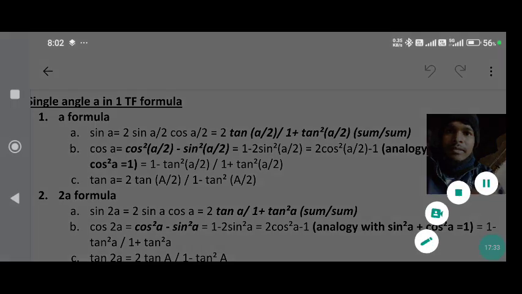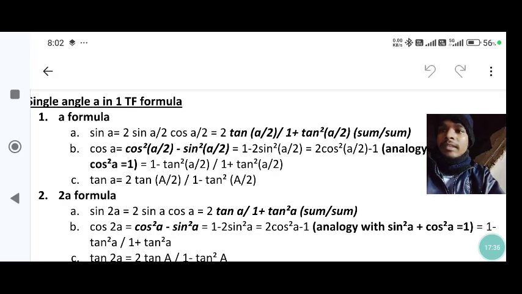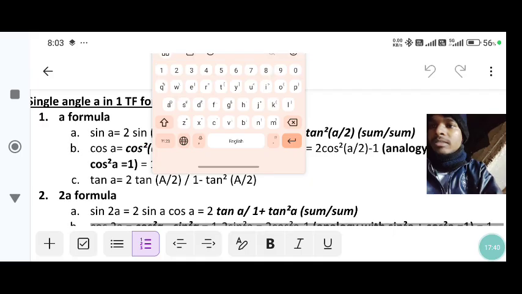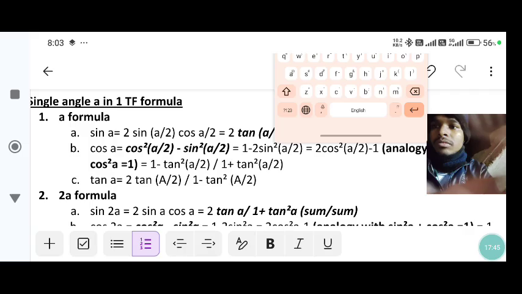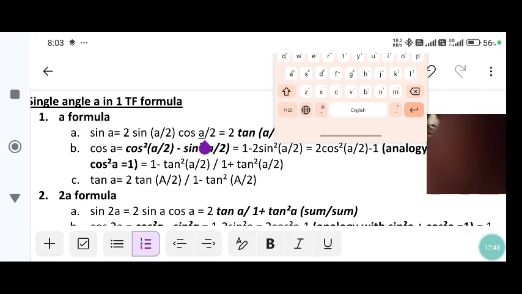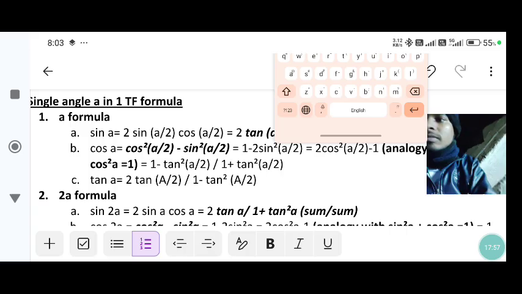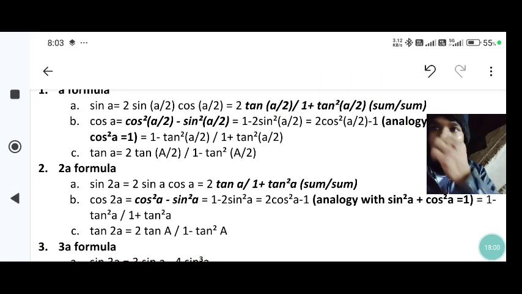What is written here? 2 sin A by 2 cos A by 2. A by 2 is the angle here, so it is not bracketed, that's why it is a bit confusing. This is equal to 2 tan A by 2 divided by 1 plus tan square A by 2.